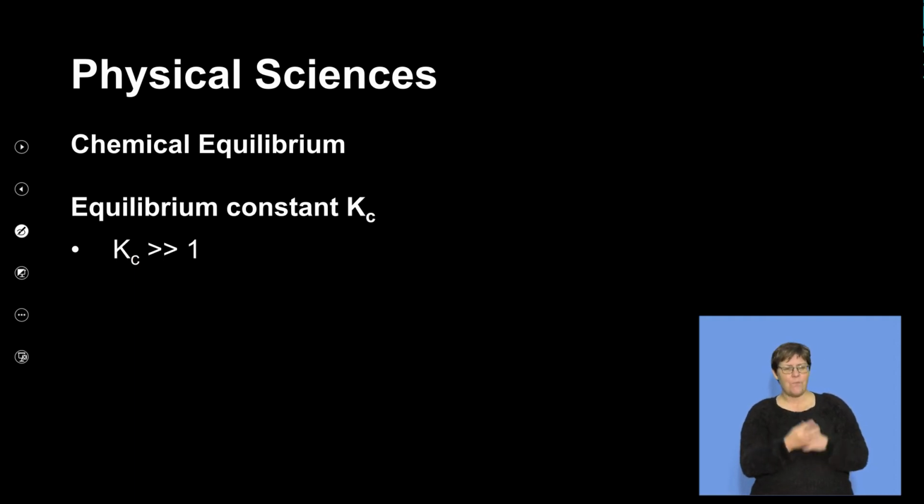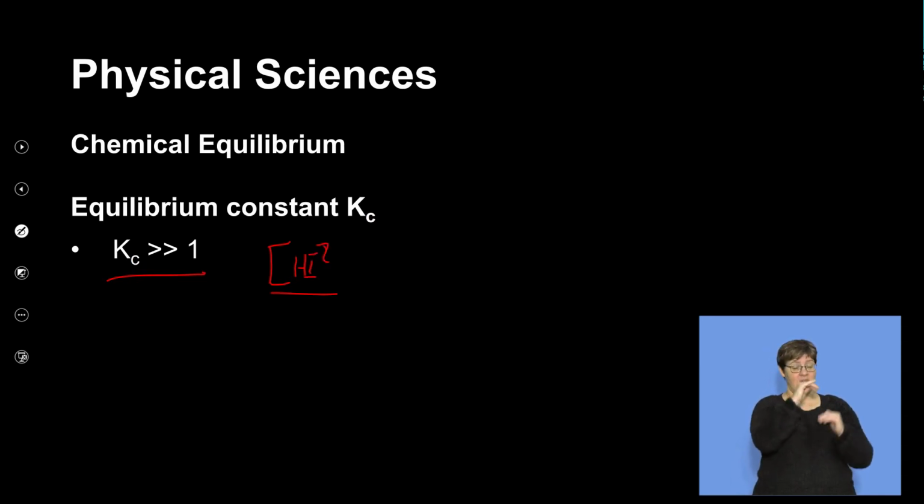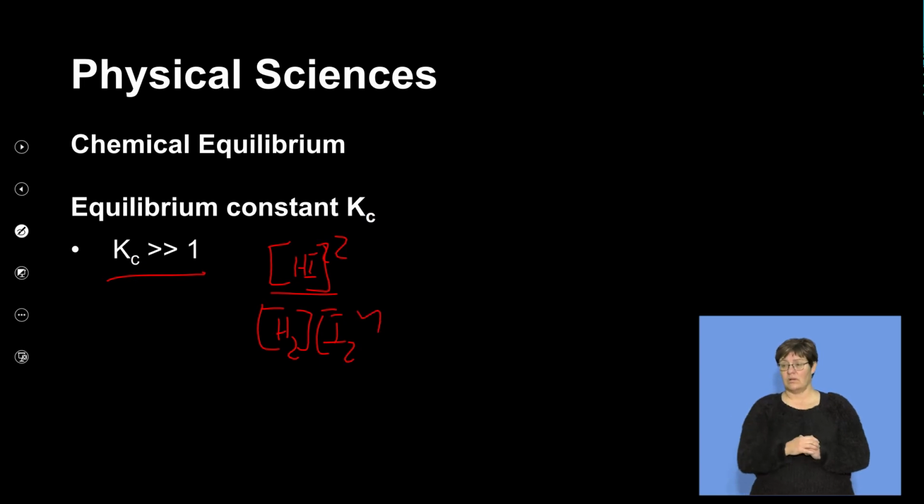And so now what we're saying is, if we look at that and we say, well, we've got a Kc value that is much bigger than 1. What is that telling us? It's telling us that whatever is over here, as we had it before, HI squared over H2 times I2, is bigger than 1.